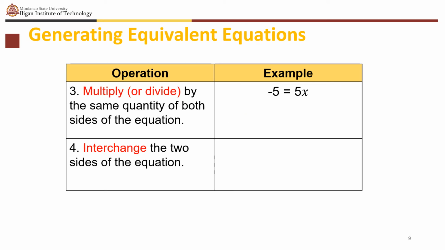Multiply or divide by the same quantity on both sides of the equation. So we have here, negative 5 equals 5x. You can divide it by 5 to come up with negative 1 is equal to x. And then interchange the two sides of the equation. So you now have x is equal to negative 1.